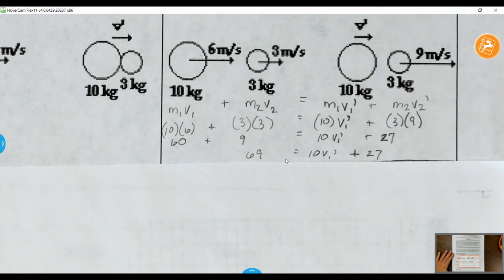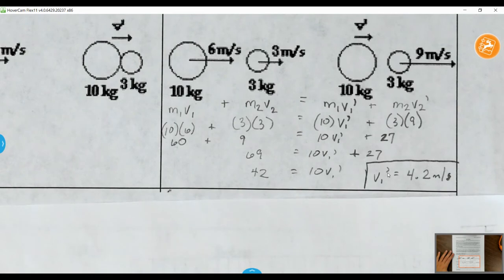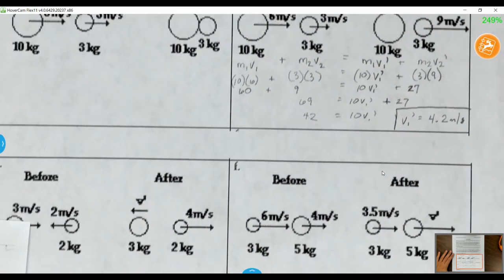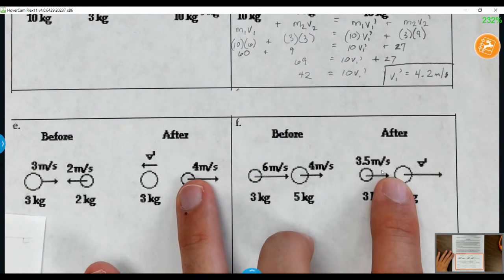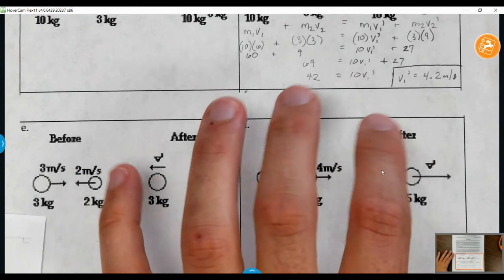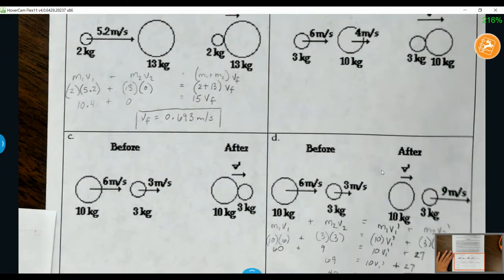Subtract 27 from both sides, so you get the 10 V1 prime by himself. You're left with 42 equals 10 V1 prime. Divide both sides by 10. You get your 4.2 meters per second. These are elastic equations. So D, E, and F are the same style, and A, B, and C are the same style.